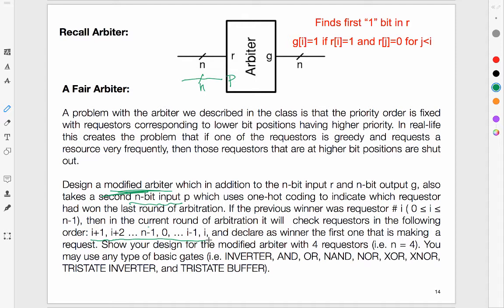So how would you create this fair arbiter? Think about it. And by the way, when faced with these kinds of problems, when you say use any type of basic gates, don't get spooked by it, because if you need a multiplexer or a decoder, you already know how to create those.